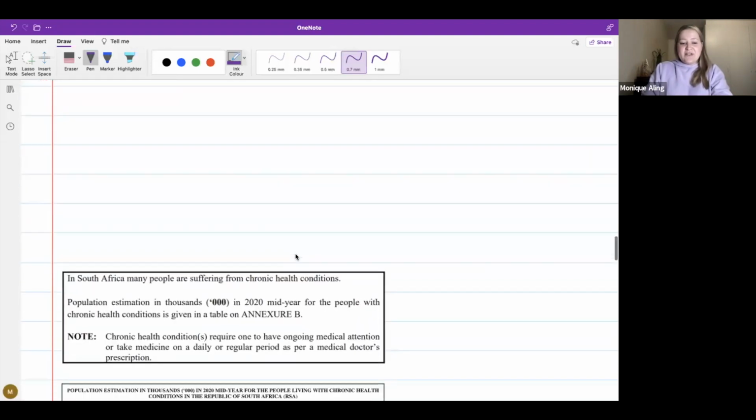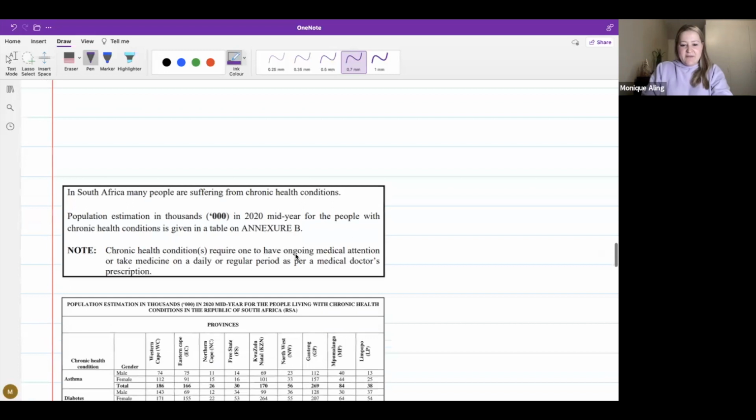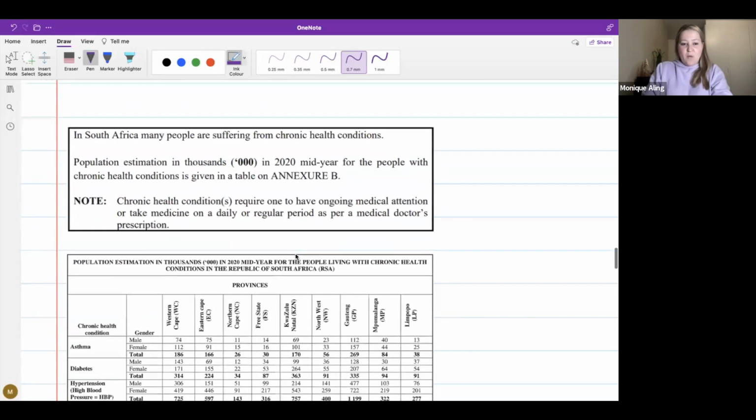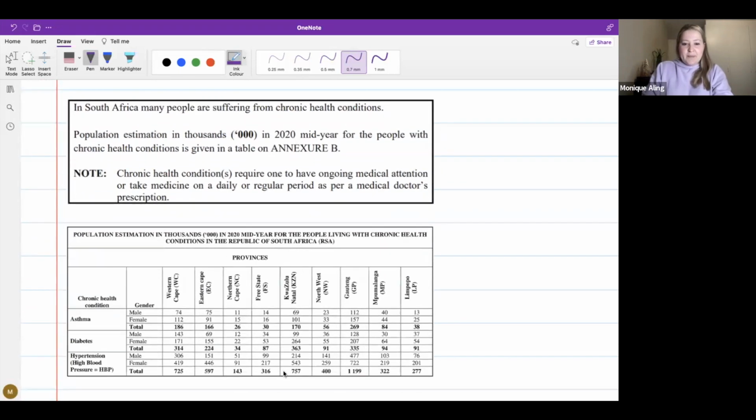Now it is quite a bit to read. Let me know if I need to zoom in a bit more. Okay, so guys, with data handling, they're always going to give you a scenario. They're always going to give you some stats, obviously a whole lot of numbers, because we need to work with the numbers and summarize the data.